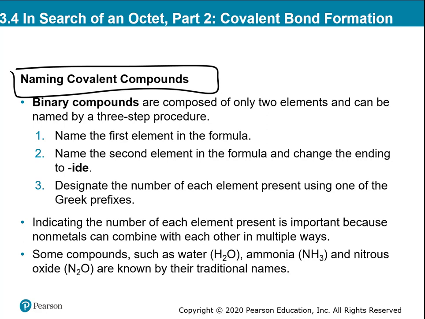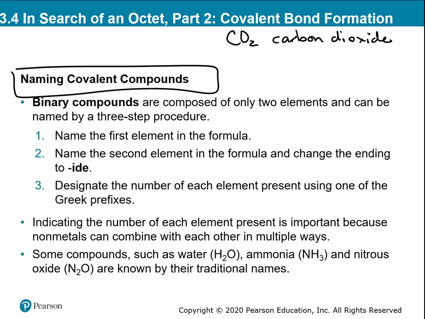Naming covalent molecules where there's only 2 elements. Here's the challenge in life. When you see this, what do you call this? Carbon what? Carbon dioxide, right? CO2 is carbon dioxide. Do you notice you use the whole name of the first element, just like ionic?